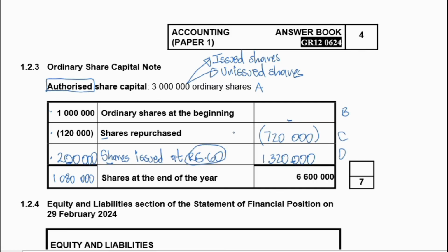So starting from the total at the end of 6,600,000 rands, we subtract 1,320,000 rands and we add 720,000 rands, and this gives us the book value of 6 million rands. So 6 million rands is the value of the shares that were in issue at the beginning of the year. So that's our completed ordinary share capital note.